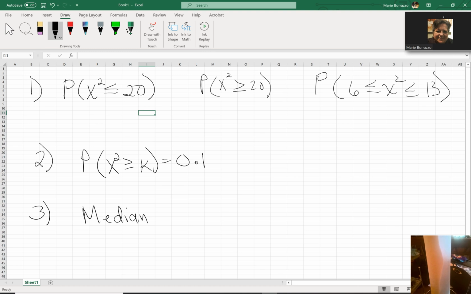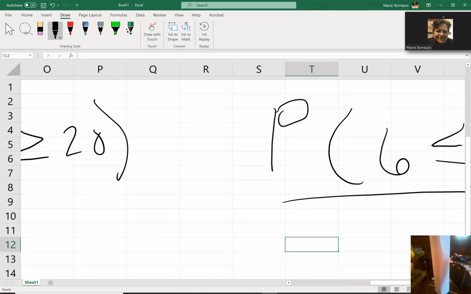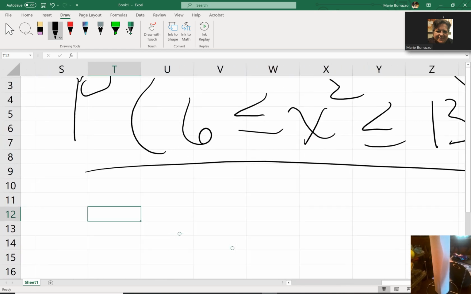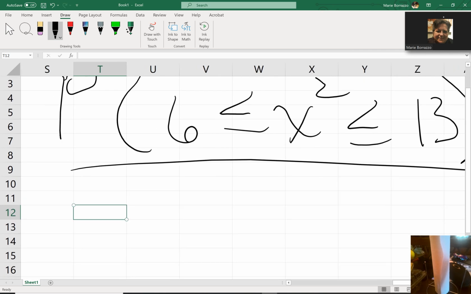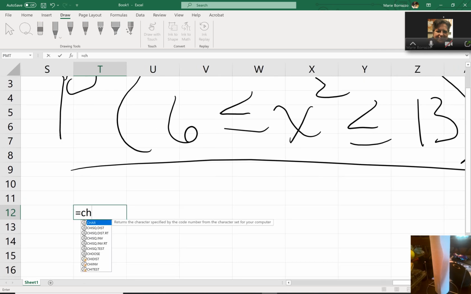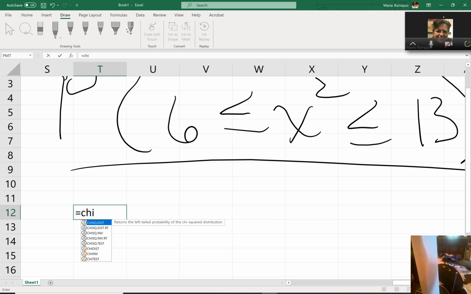Whenever they give you the actual number, like in these types of questions, I'll do this one as an example. I'm going to focus on the P where you have both. I'm going to go to an Excel cell and make this a little bigger so you can see it. I'm going to punch in equals CHI, but this time I'm going to use CHISQ.DIST.